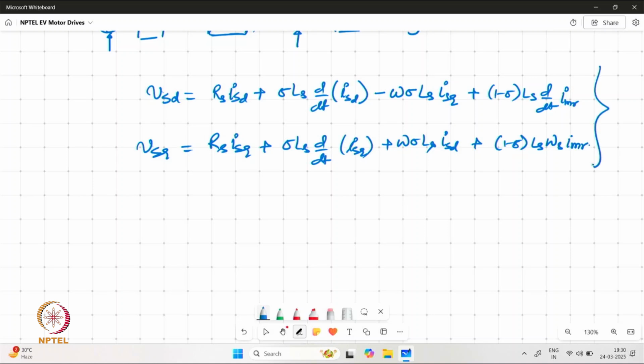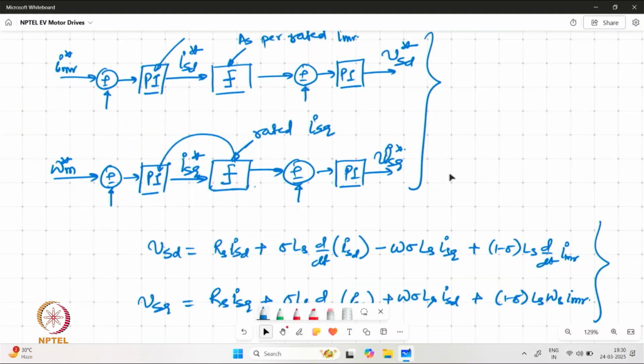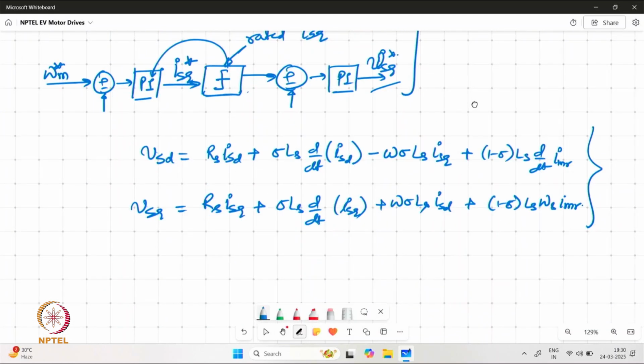Now it should be noticed that when we are referring to the reference values for VSD and VSQ, we are essentially talking about the steady state values of VSD and VSQ from the model, which means that under steady state conditions, the terms having the derivative factor would reach zero value.